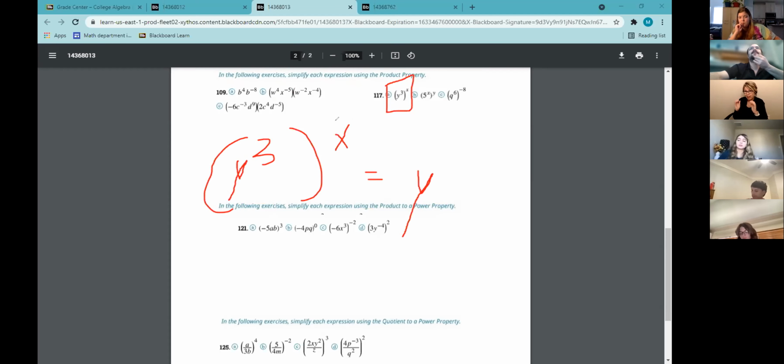Yeah, that's it. It's just y power 3, the whole thing power x. It's going to be y power 3x. It's multiplication between that 3 and that x is what I'm looking at.